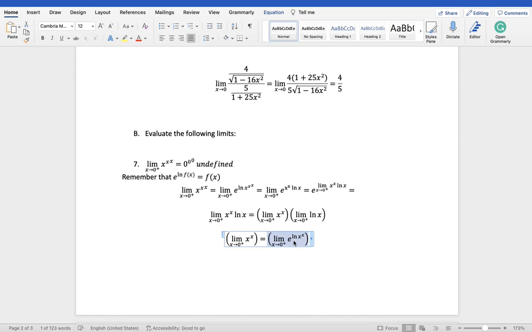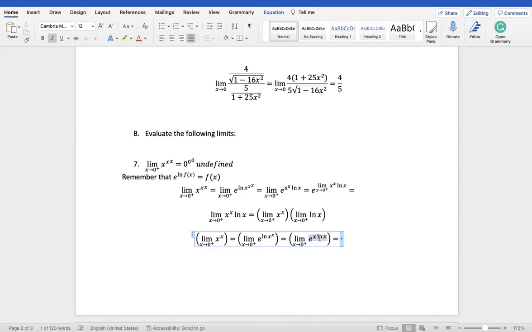So then you can take this exponent x out and put it out here, and you have the limit as x tends to 0 from the positive side of e to the x ln x. And once again, you can take the limit inside the exponent.